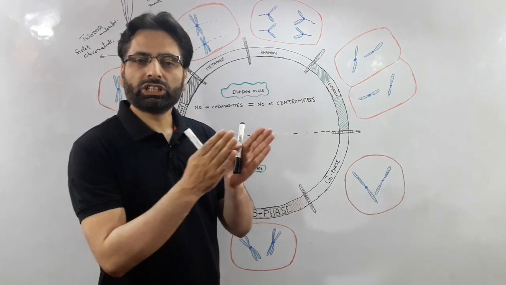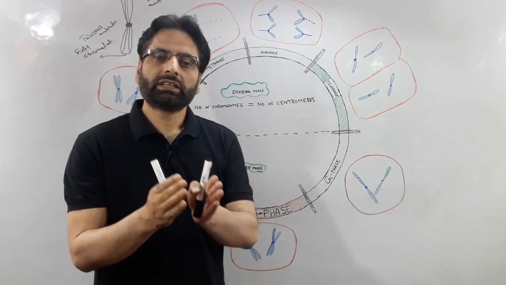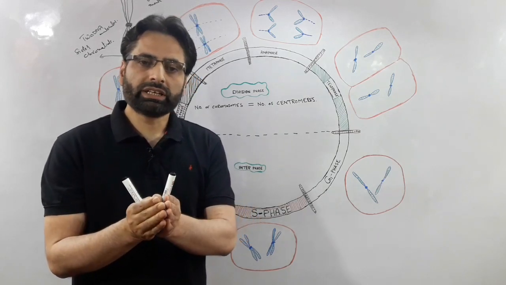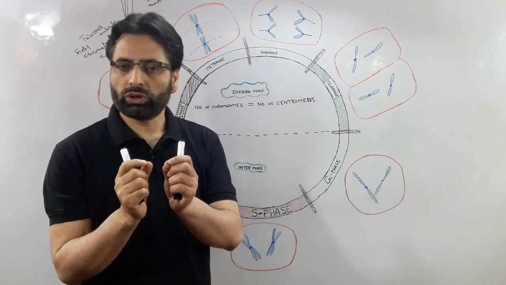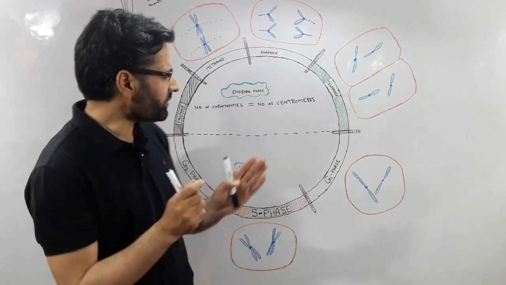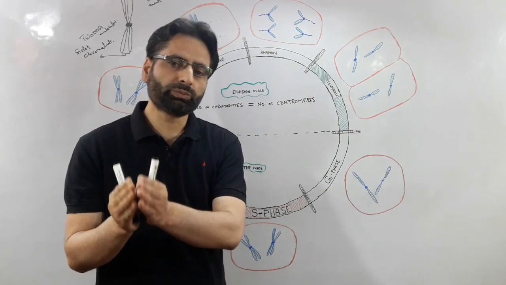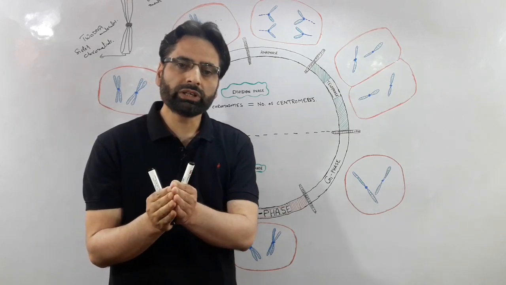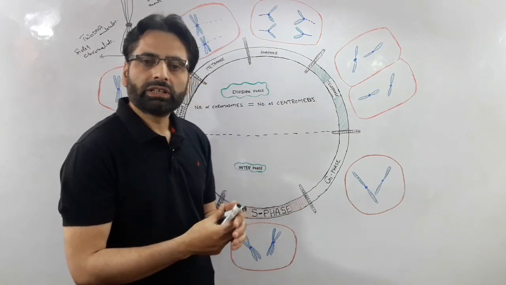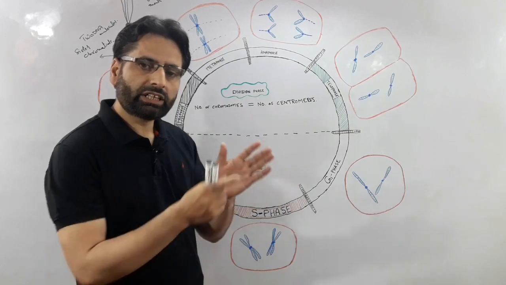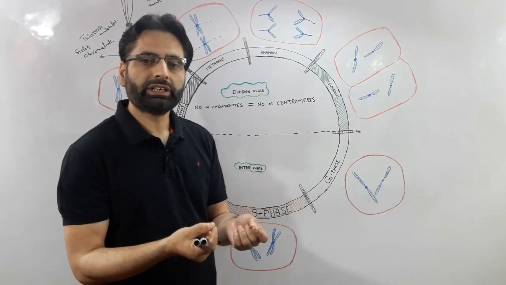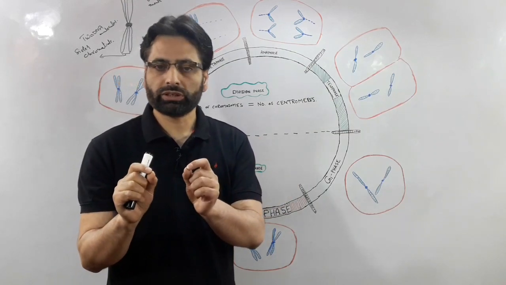If there is no chromatid, then the chromosome is unreplicated and we have only one DNA molecule in a chromosome. That presence of chromatid will tell you that DNA is duplicated and we are having two DNA molecules. And if the chromatid is not there, then it means DNA is unreplicated and we have a single DNA molecule.